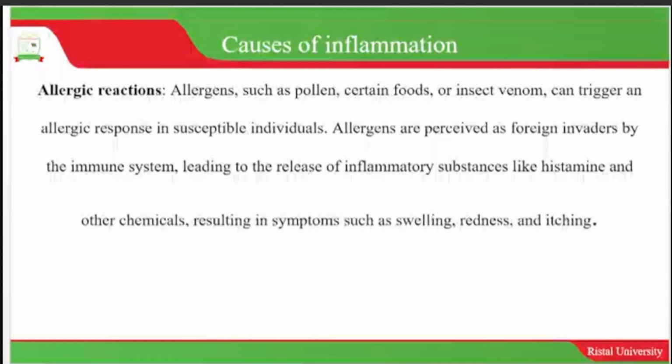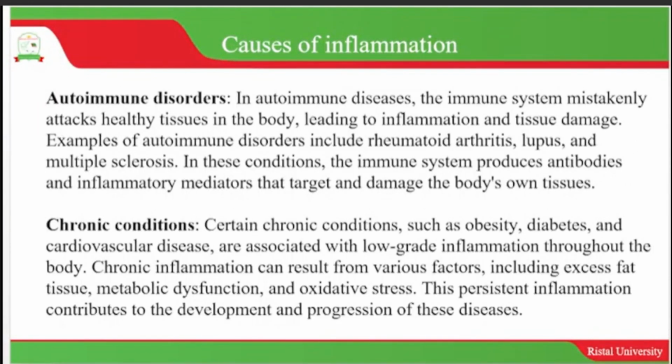So this leads to the release of inflammatory substances like histamine and other chemicals, resulting in symptoms such as swelling. For example, in asthma, there is swelling within the respiratory tract, there is redness and itching, which we have seen as signs of inflammation.